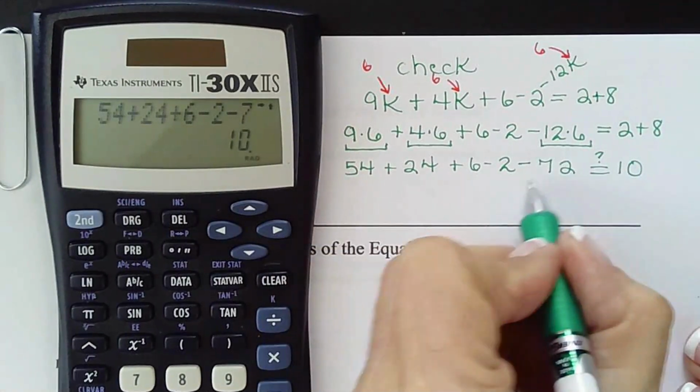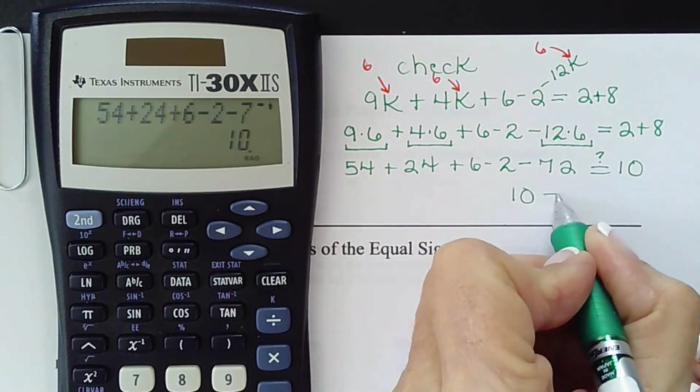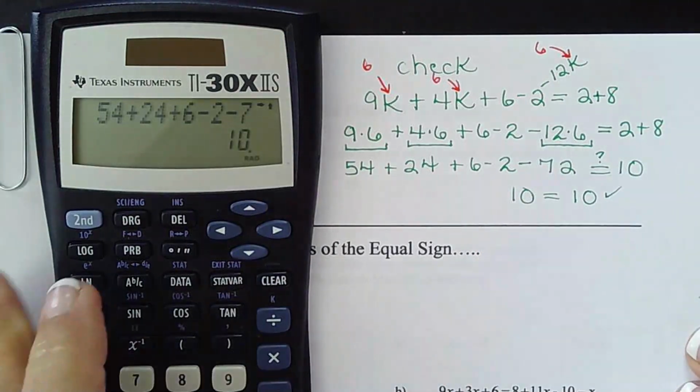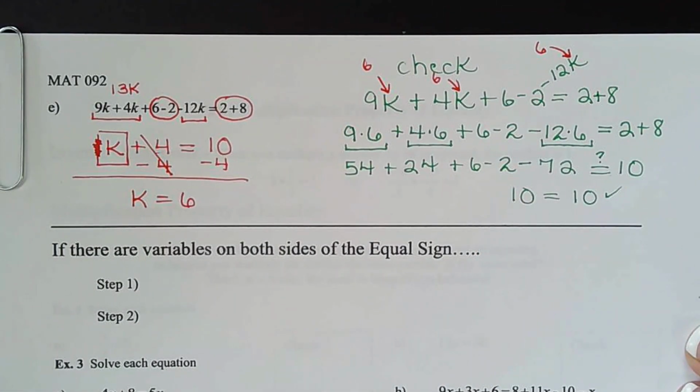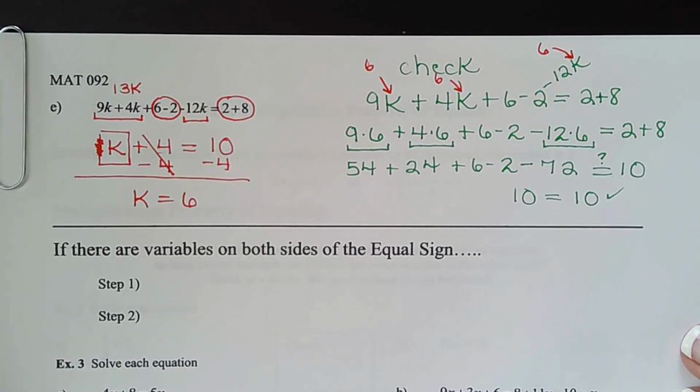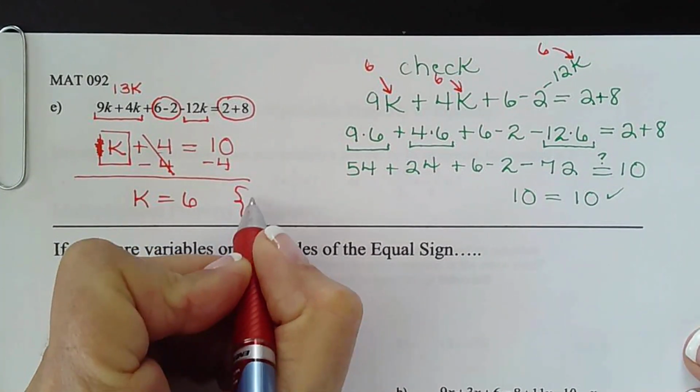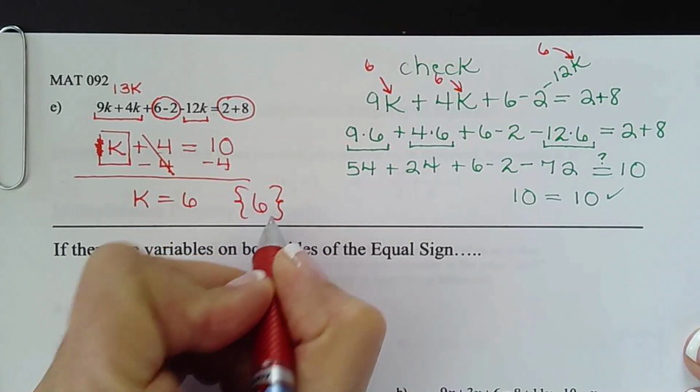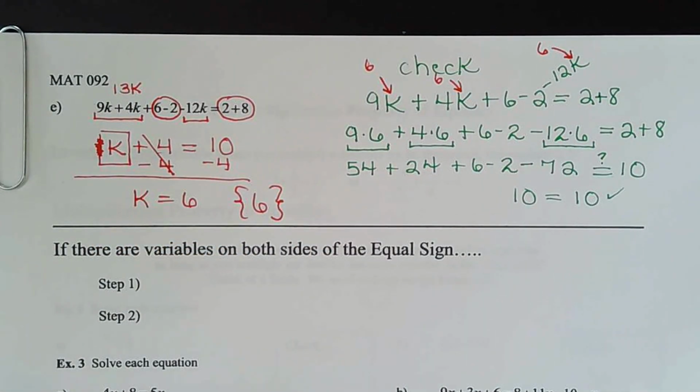So this side gives me 10. This side gives me 10. That means my solution is correct. So then I come over here and put my 6 in solution sets to enter it in Alex. So even when they get messy, never fear. We have the calculator and we can do all that work with the calculator. Nice, huh?